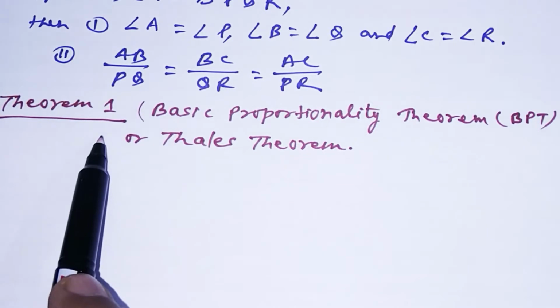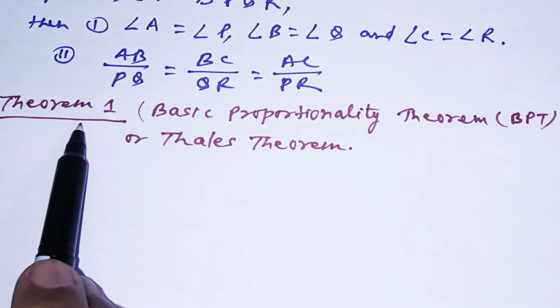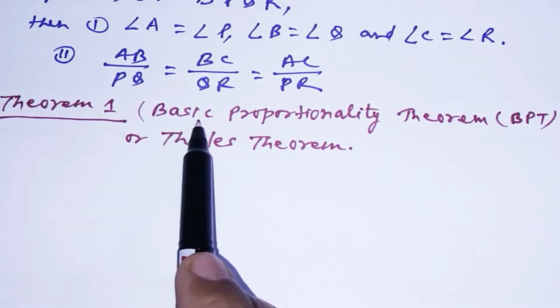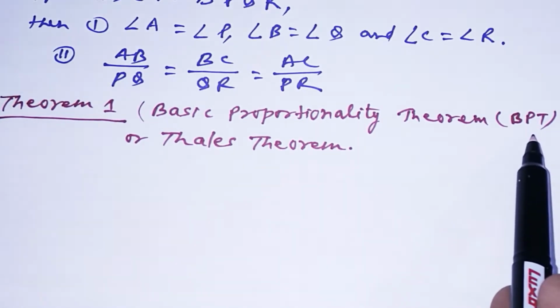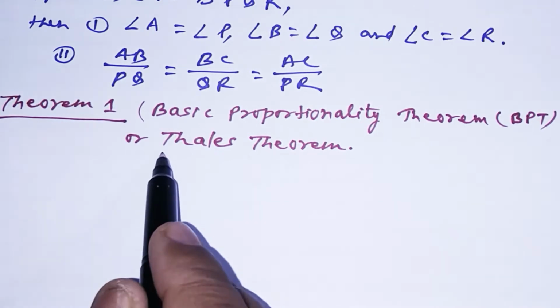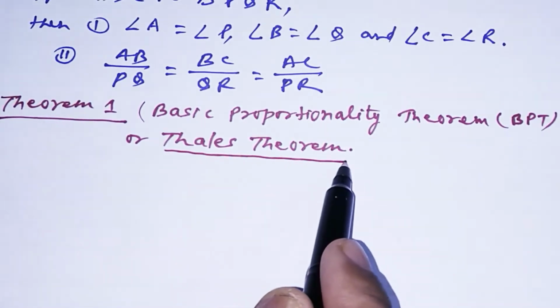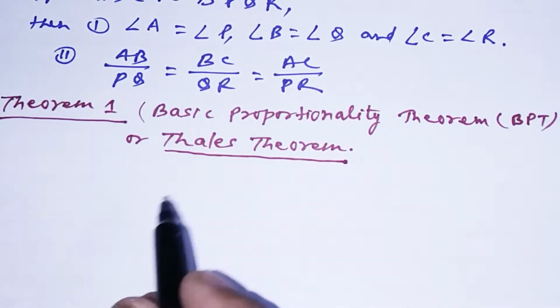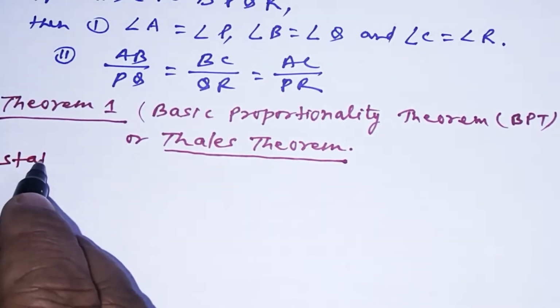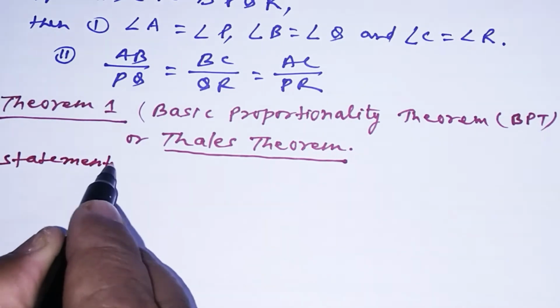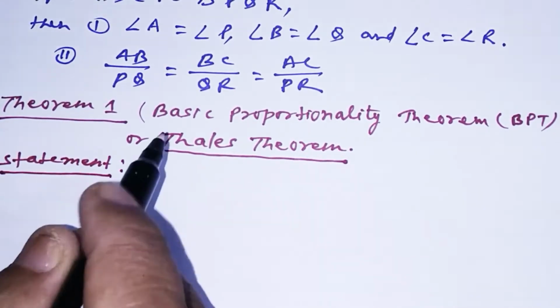Here in this chapter we have the first theorem, which is very important. It always comes in the exam. Theorem number 1 is the basic proportionality theorem. In short we say BPT, or one more name for it is Thales theorem. Now we go for the statement of this theorem.